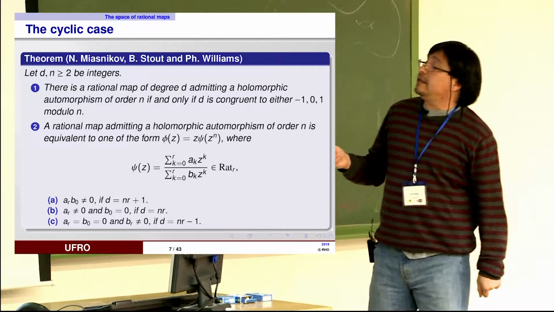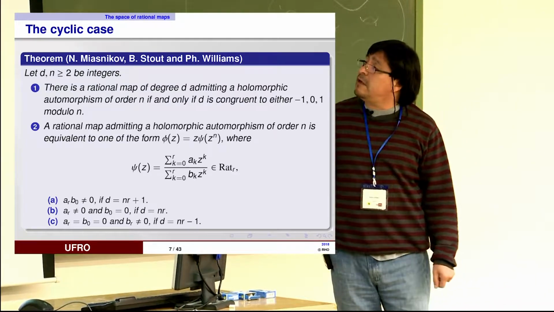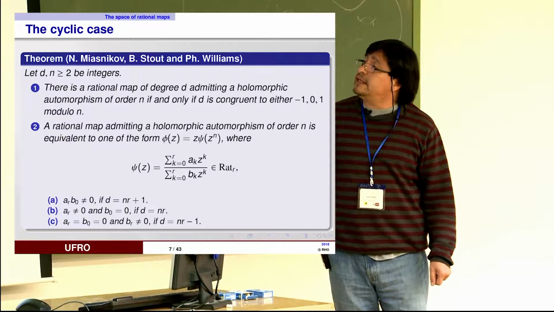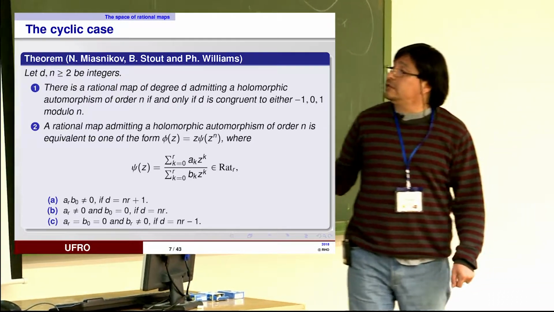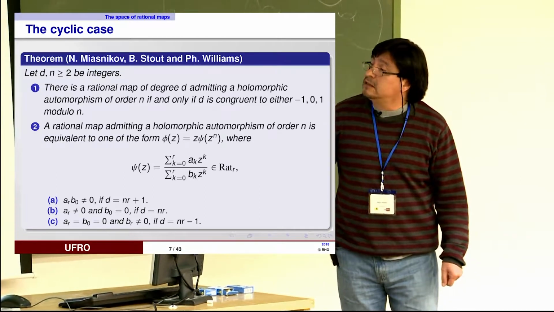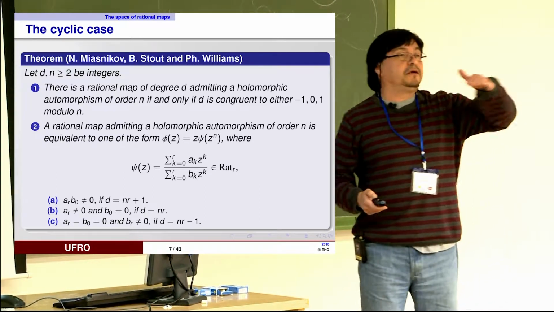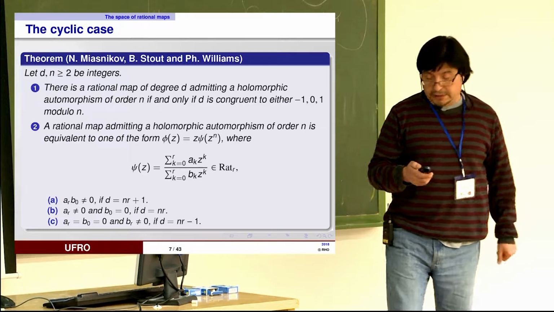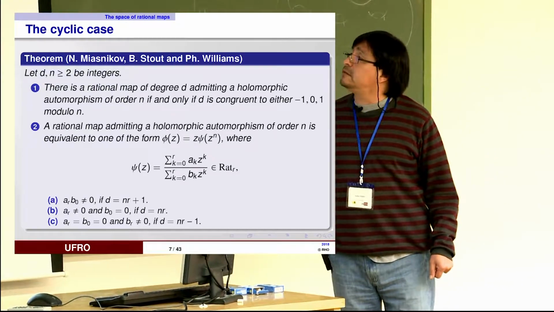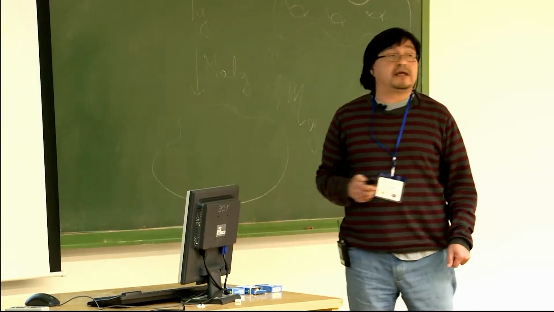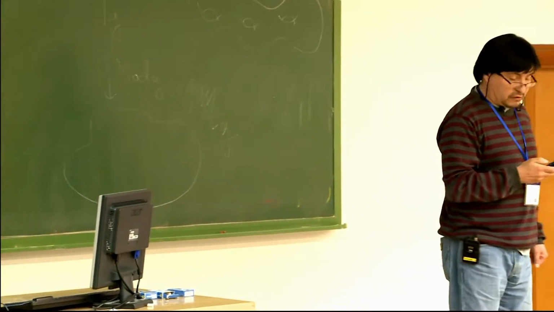And under this you can write the rational map in this normal form: just z times a rational map in z to the n, and of course you need some conditions in order to keep the degree. If not, you can go down in degree. So you have the normal forms of these rational maps having a cyclic group of holomorphic automorphisms.